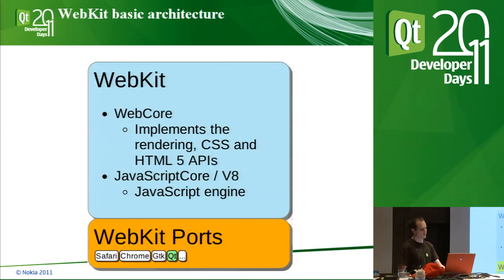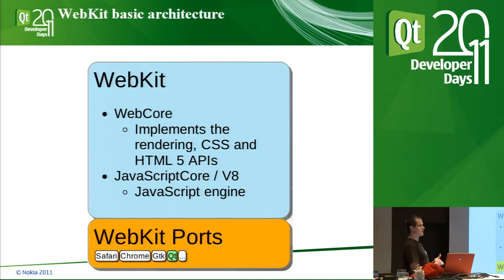The basic architecture of WebKit, of course I'm not going to go into details again, but just so that you get a basic idea, so that we can compare to WebKit 2 afterwards. WebKit is like a big piece, and it has two main pieces inside. You have WebCore. WebCore is everything you need to parse HTML5, understand it, and render it.